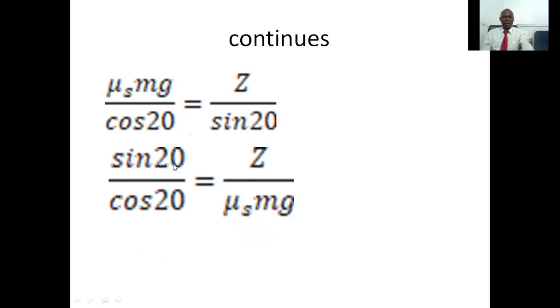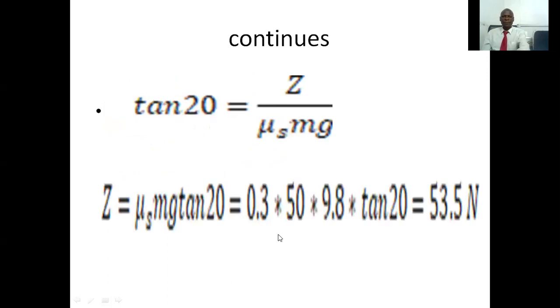And we know that sine 20 over cos 20 is equal to tan 20, according to trigonometric identities, which will be equal to the weight of the book Z over the coefficient of static friction multiplied by mg. And this is what we have explained here. And therefore, you can now make Z the subject of the formula. To make Z the subject, you merely multiply the coefficient of static friction times mg times tan 20.